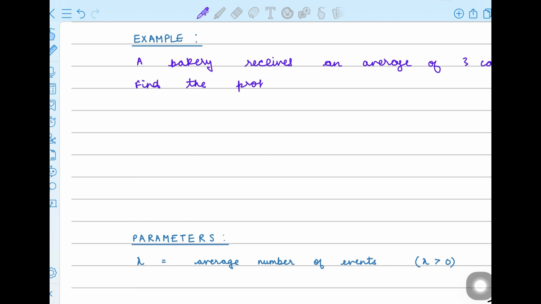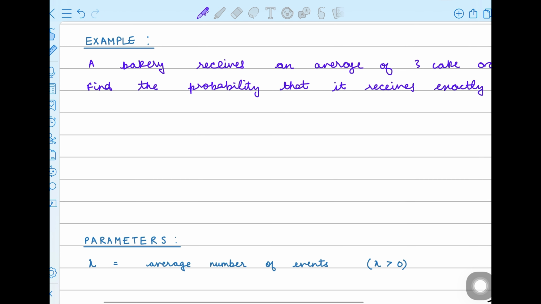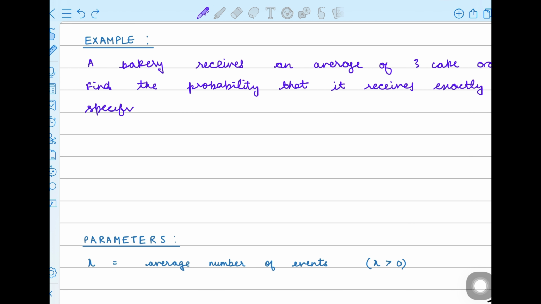Find the probability that it receives exactly 2 orders in a specific hour.